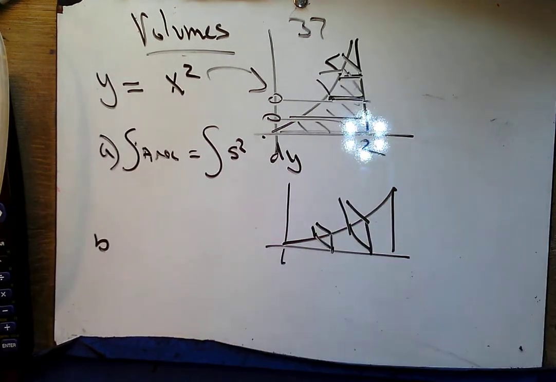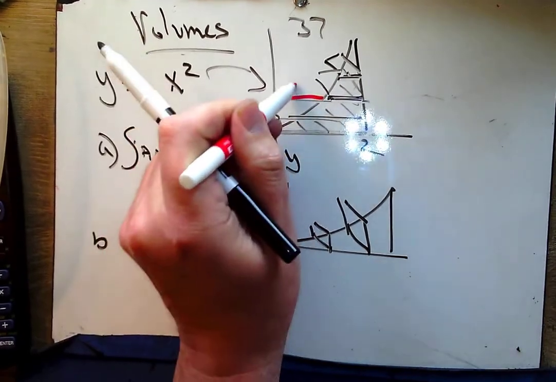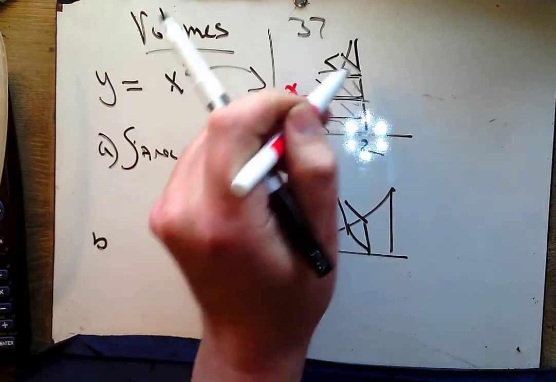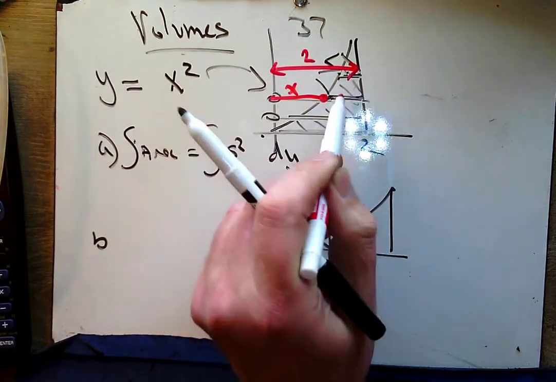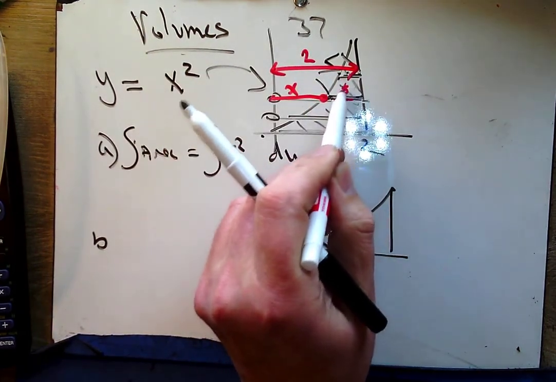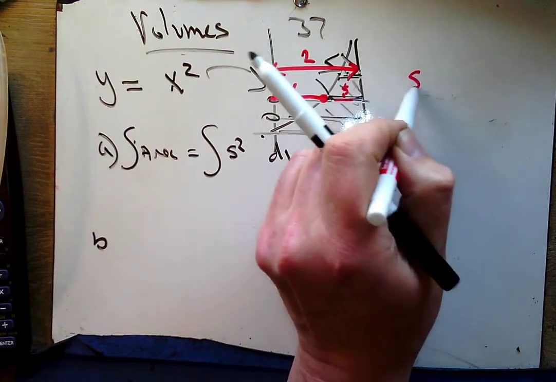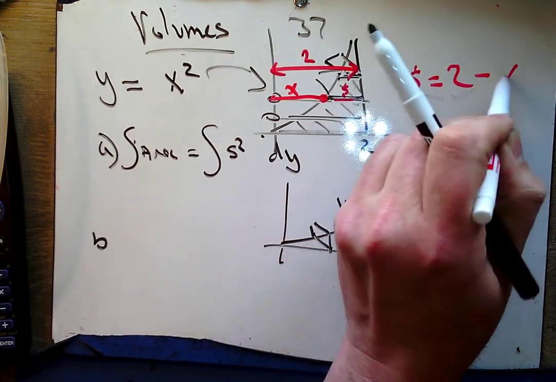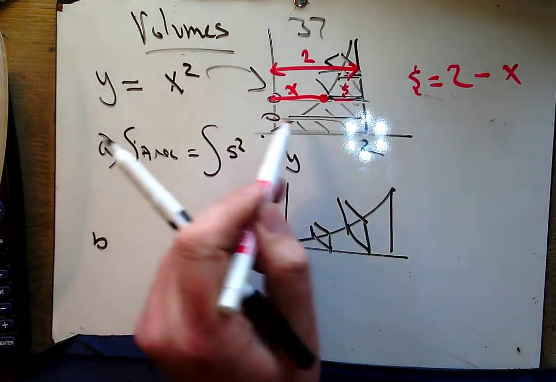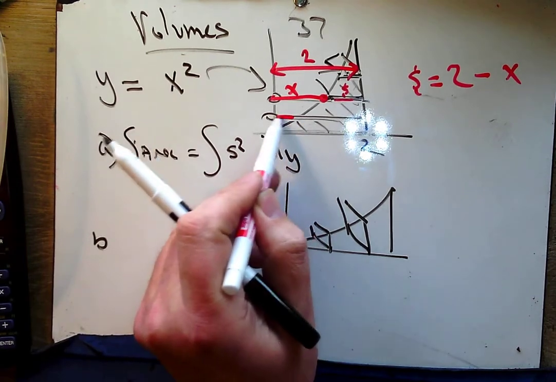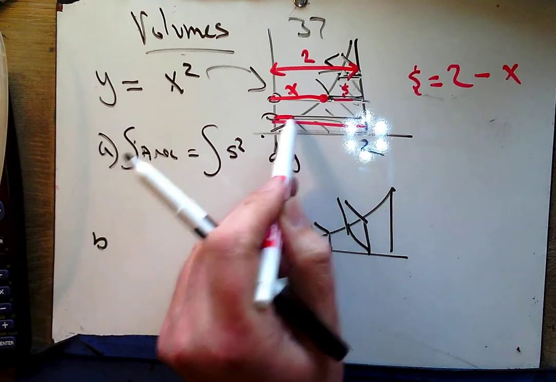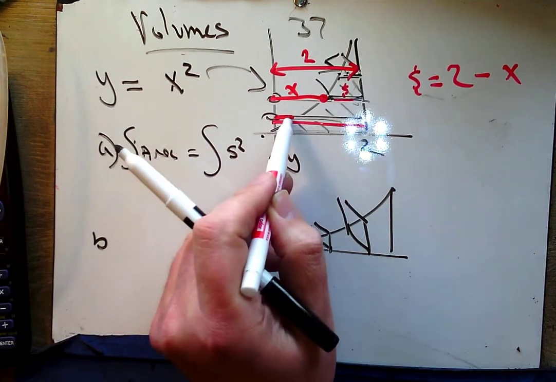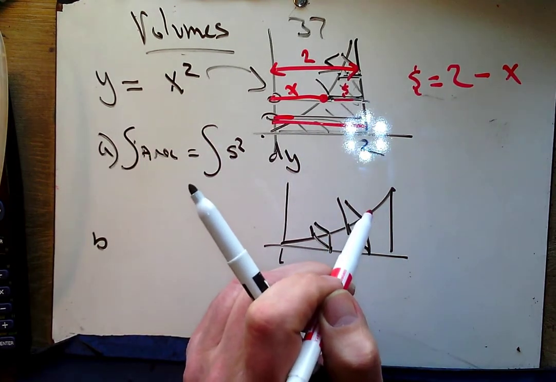This distance is x, and this distance is 2, and that's my side length. So my side length is 2 minus x, right? Because here we have our x, this whole thing is 2, and our side length is going to be that whole distance minus the x part.